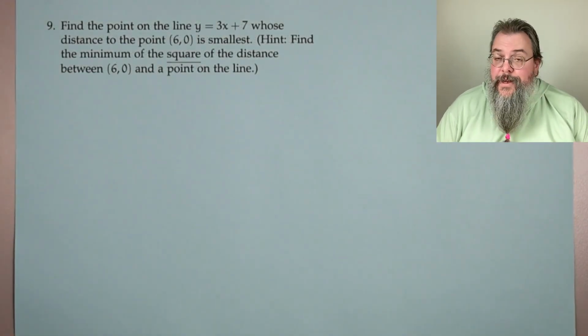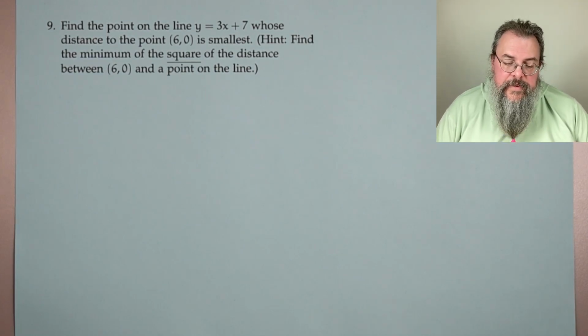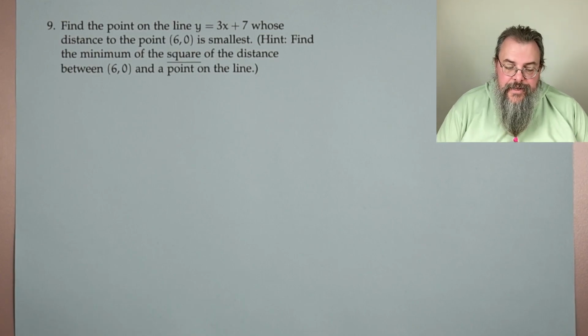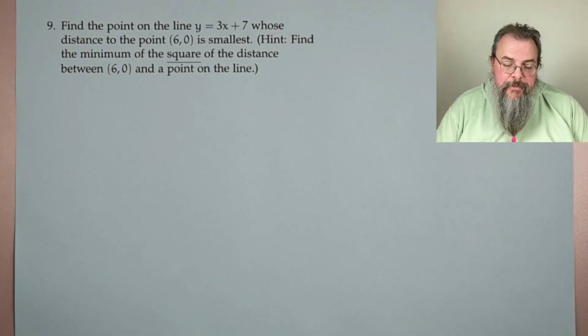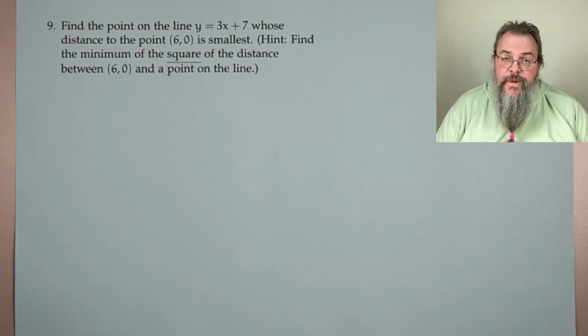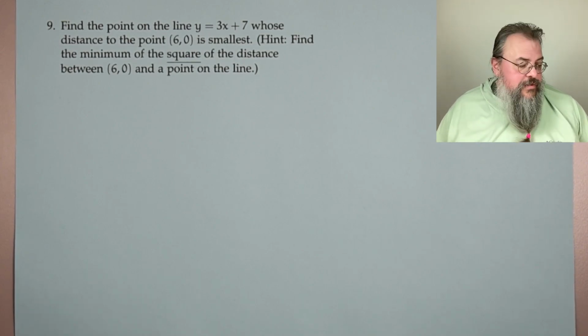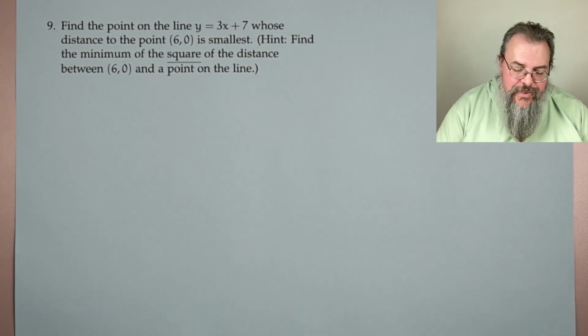Find the point on the line y equals 3x plus 7, whose distance to the point (6, 0) is smallest. Hint: find the minimum of the square of the distance between (6, 0) and a point on the line. Okay, so let's see if we can sketch our situation here.